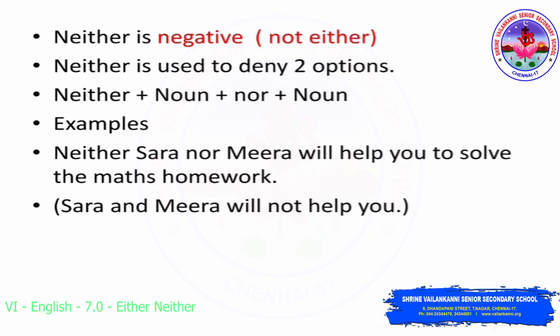For example, neither Sarah nor Meera will help you to solve the maths homework. That means Sarah and Meera will not help you. It's like Sarah won't help you and Meera won't help you. The same three structures we saw for either will be exactly the same for neither too.